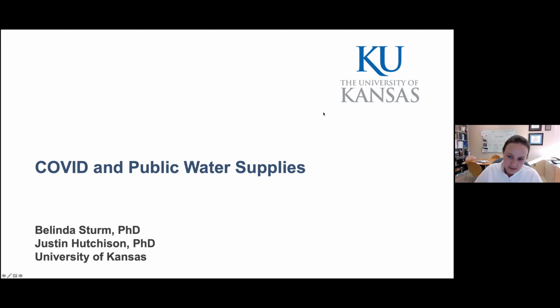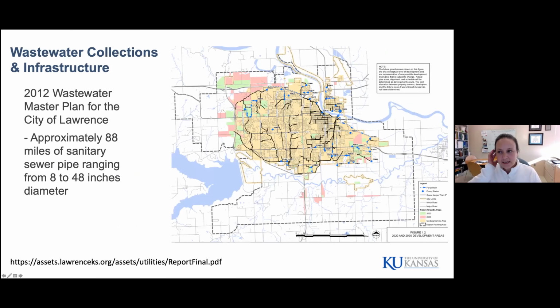Just to kind of start, the area that's being leveraged here in the public health space is the idea that in communities we have wastewater collections infrastructure. And this is a snapshot of the master plan from Lawrence, Kansas.